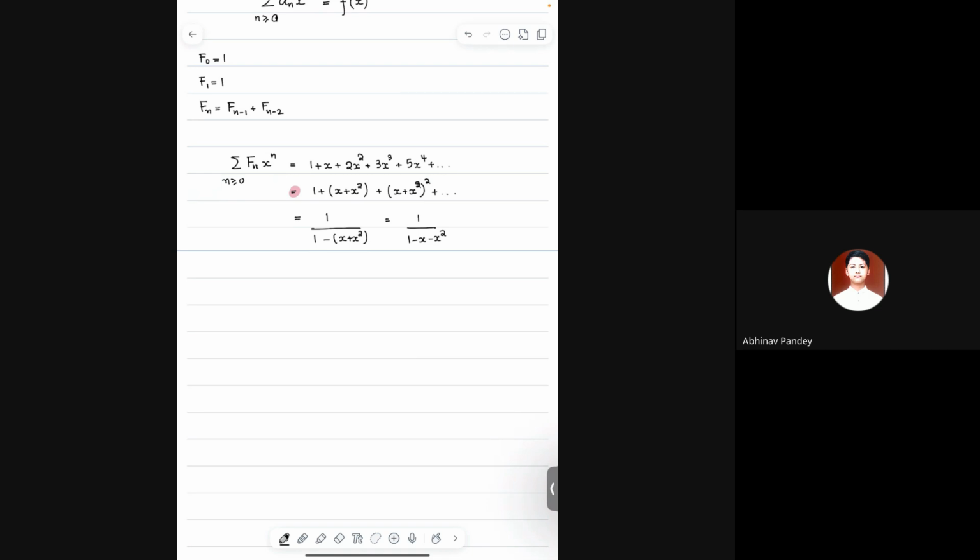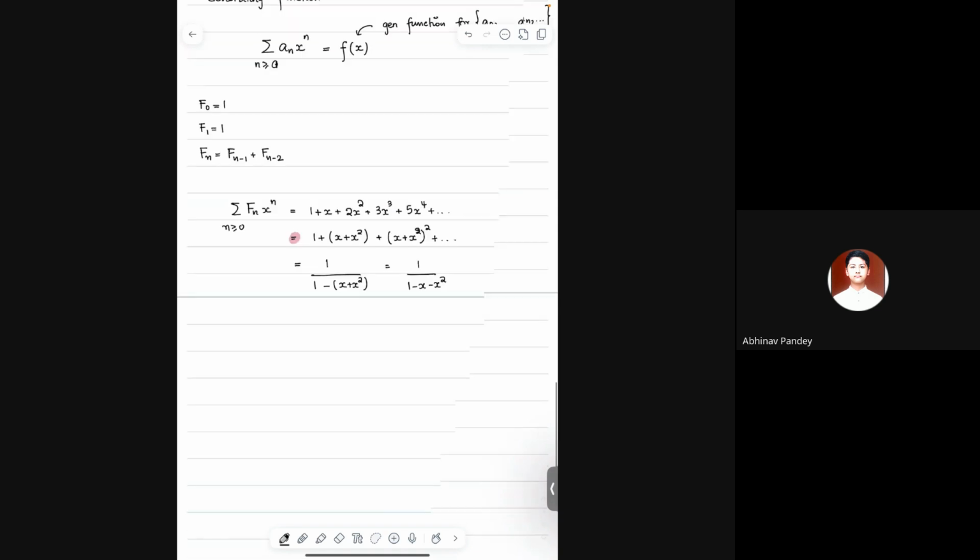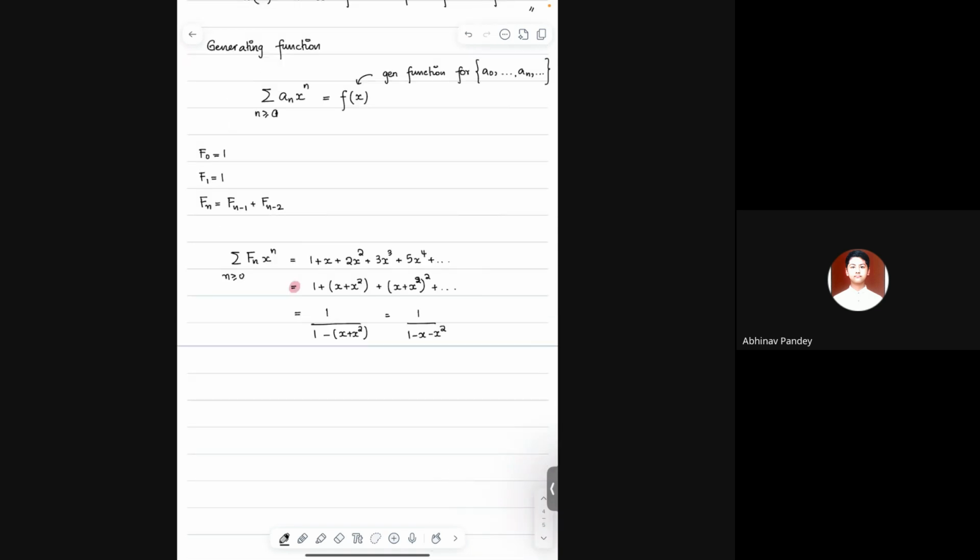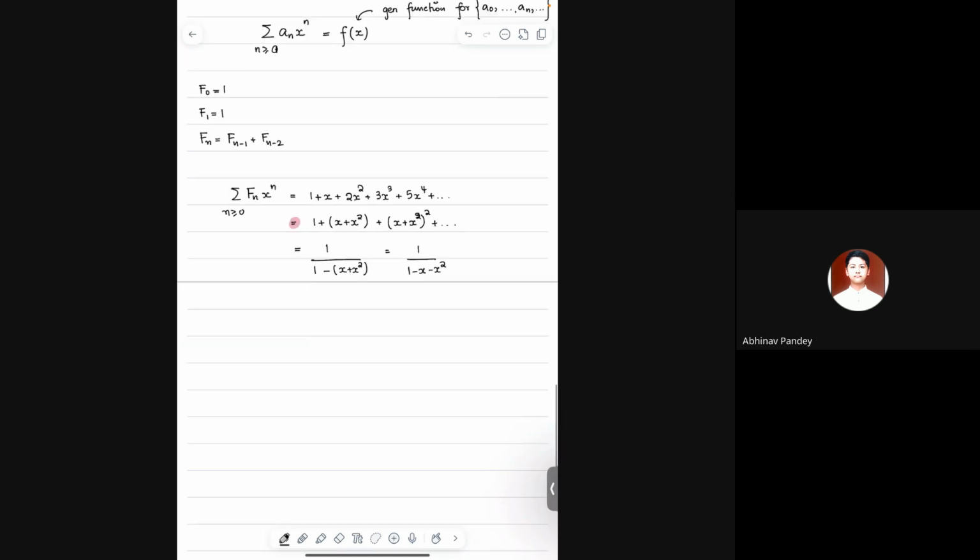And if you start from n equals 1, then you have a factor of x at the top. There's nothing wrong with it. I just started from n equals 0. So in this case, the generating function for the Fibonacci numbers is this function, 1 over 1 minus x minus x squared. Okay.